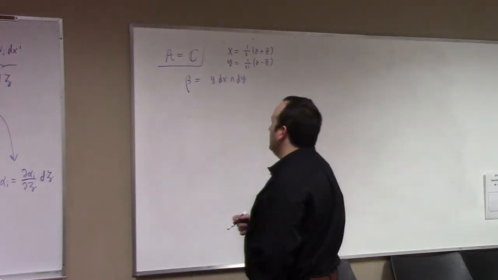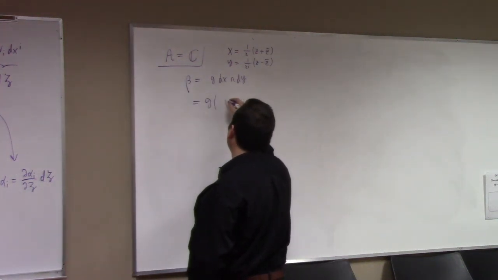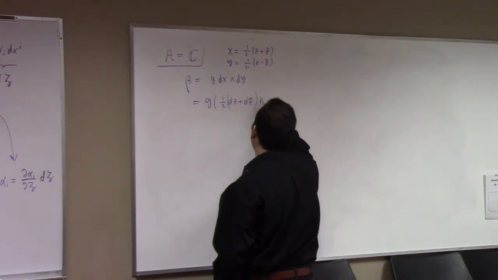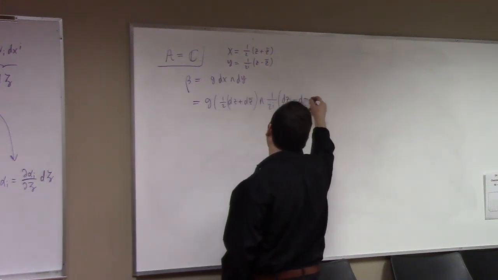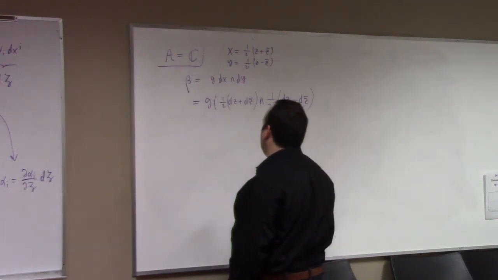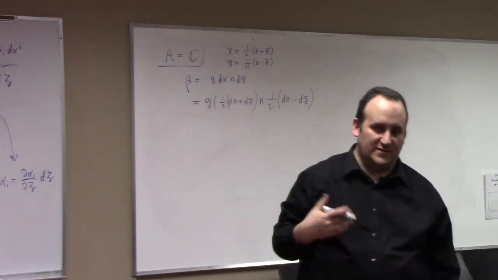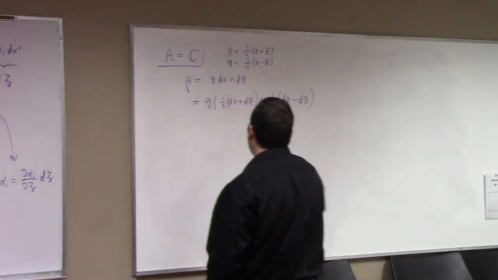Yeah. So that means that this actually is going to work out to 1/2 dz plus dz bar wedged with 1/2i dz minus dz bar, right? dz wedge dz and dz bar wedge dz bar are 0, and it just leaves you with, what do you get?